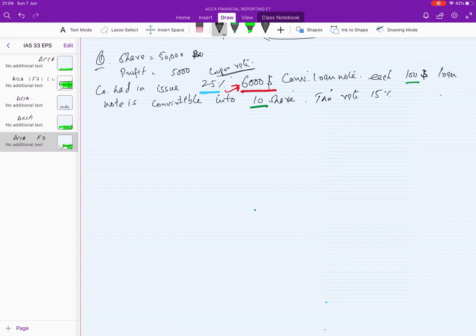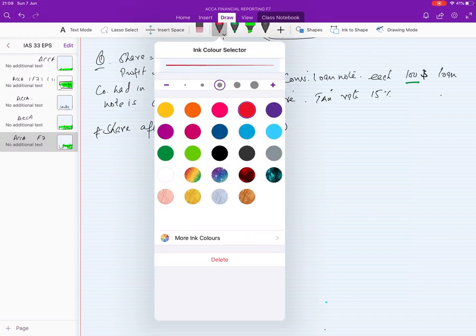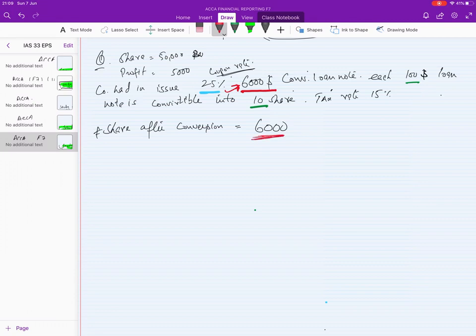So the first thing we need to calculate is the number of shares after conversion. If this conversion happens, how many shares will you get? On $6,000, for each 100 you can convert into 10 shares, or you can say 10 divided by 100, or just take 10%. So you're going to get 600 shares after conversion.